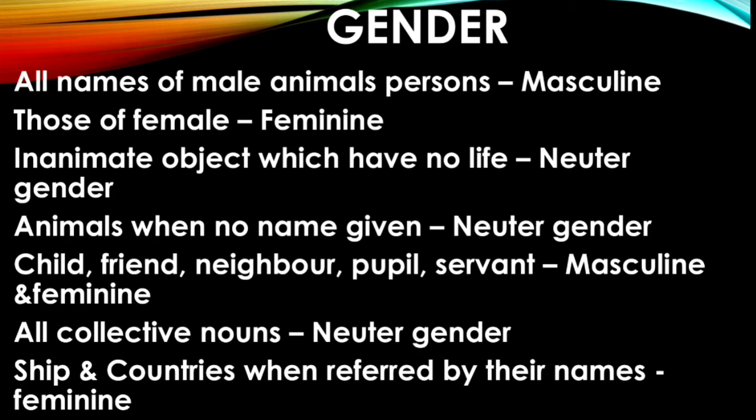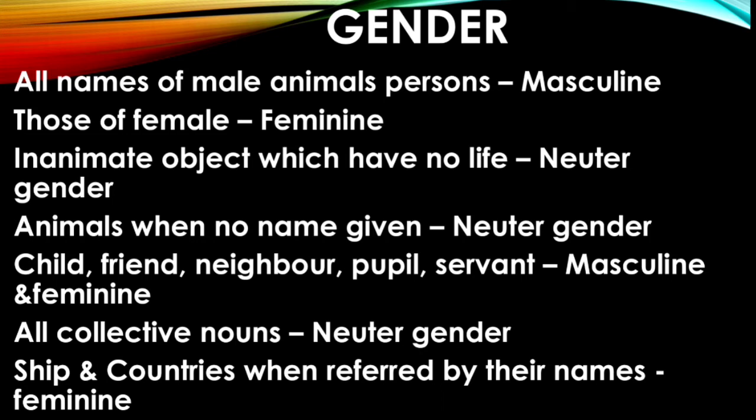Now we are going to discuss the gender problems that we face with nouns. Gender in English does not create any problem in the structure unless a possessive pronoun or possessive adjective is used for a noun. I am not confusing you with these grammatical words.